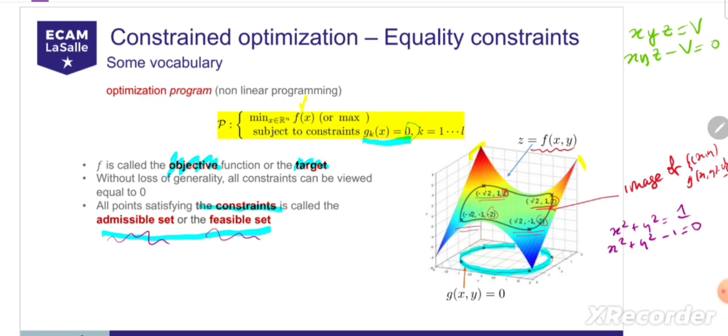So if I want to minimize this function subject to the constraint g of x, y is equal to 0, the minimum would be attained in two places, at minus square root of 2 minus 1 and square root of 2 minus 1. And if I wanted to maximize it, we see visually on that example that we would have two other locations for that.